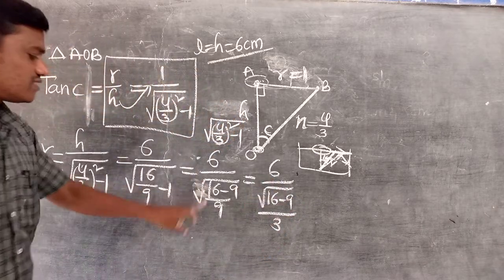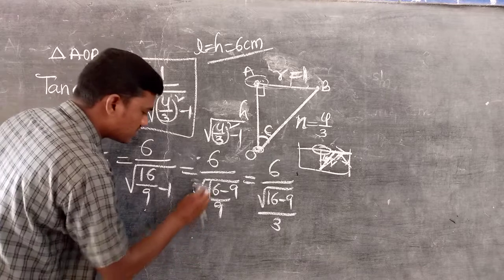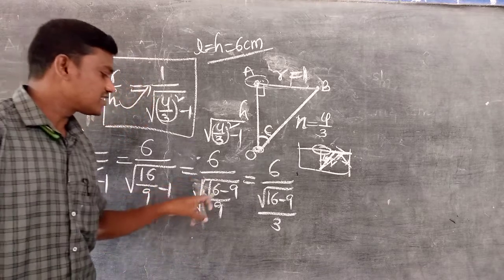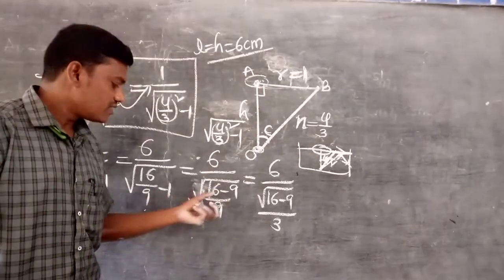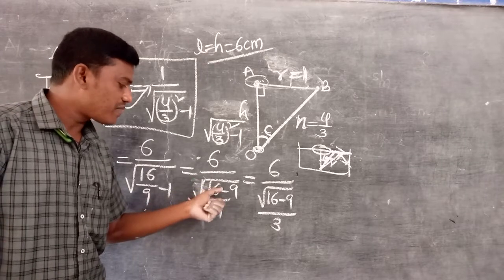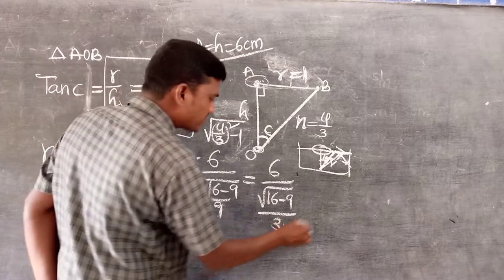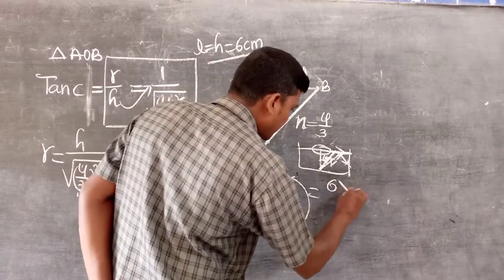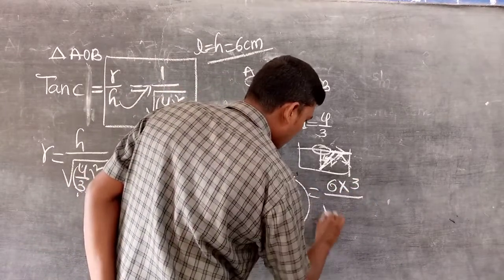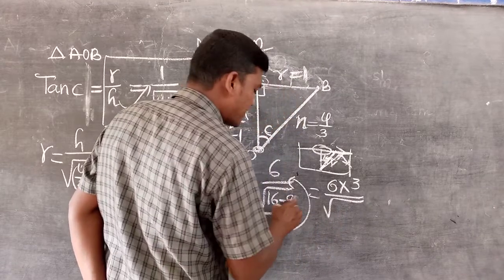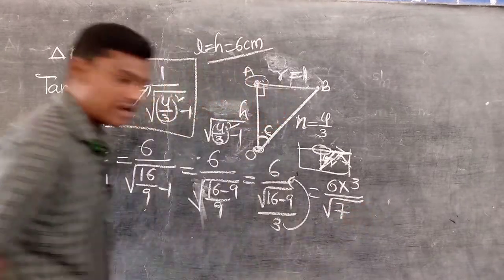Because this root belongs to the total, that's right. So root of (16 minus 9) upon 9, we can write as root of (16 minus 9) upon root 9. Root 9 is nothing but 3, it is brought to the numerator side. 6 into 3 upon root of 16 minus 9, what is that value? 7.